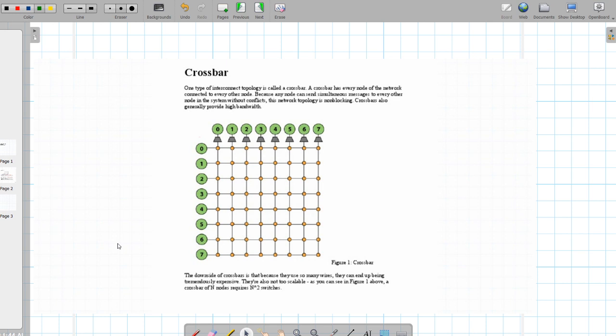So, for example, say processor 2 is communicating with processor 0.